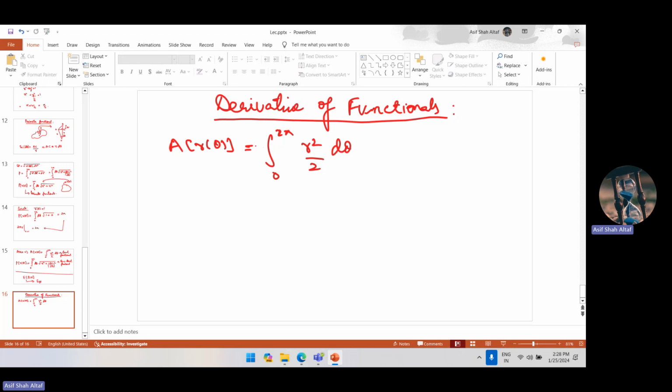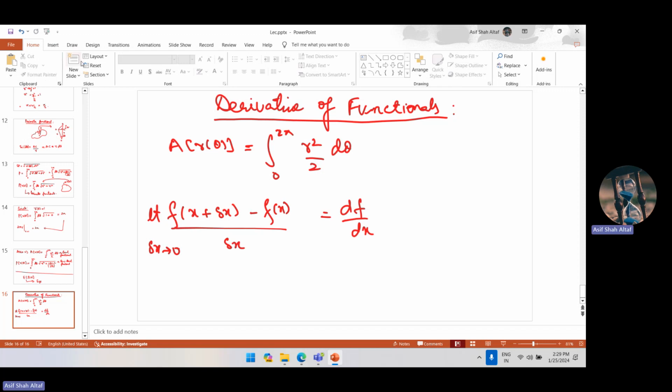From the concepts in functions, if we have to differentiate a function, we would increment the variable by a small change, subtract the original, and divide by the change, under the limit that it tends to zero. That's what we define as the differential. So we will use the same concept here.